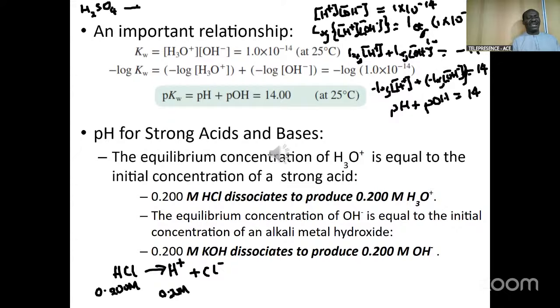Okay, if it ionizes completely, it's going to give us 2H plus and SO4 2 minus, such that if we start with 0.2 of this, by the time it ionizes completely, there won't be any of this anymore. But what we have here will be 2 times 0.20 molar for hydrogen, which is 0.40 molar of hydrogen ion. All right.